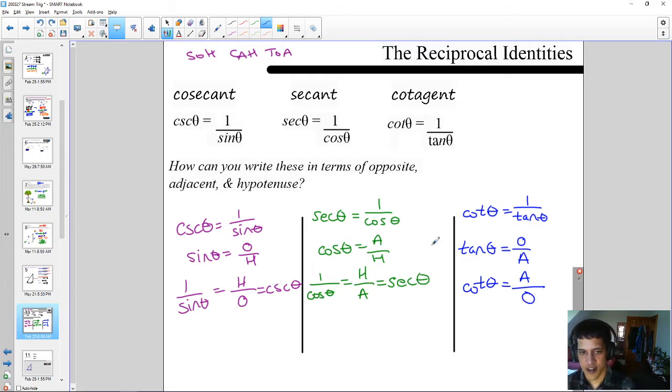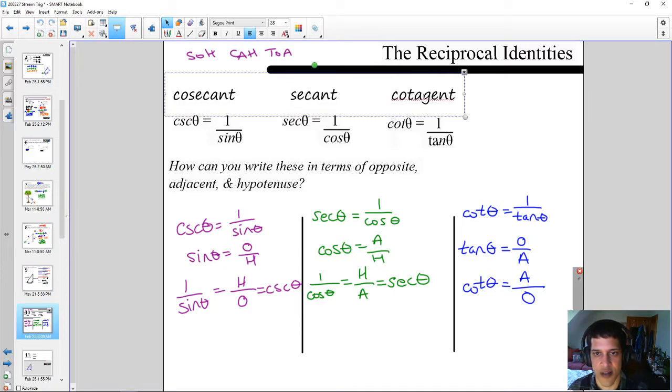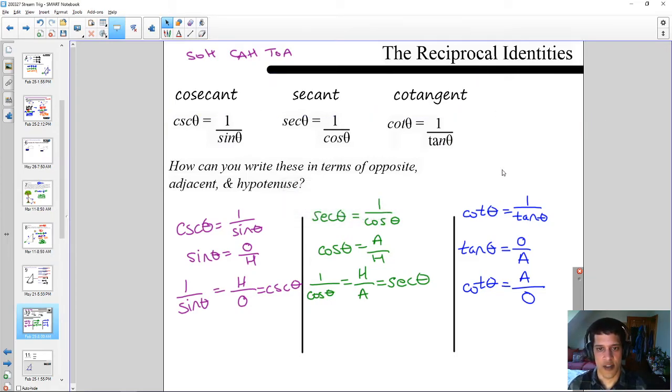The way that I remember that cosecant is the inverse of sine, secant is the inverse of cosine, and cotangent is the inverse of tangent. Oh, I just noticed that cotangent is not spelled right. Hold on a second. There we go. So pretty much every pair has a co in it.